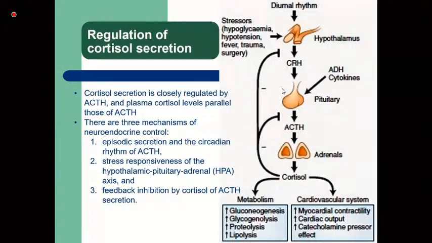It also stimulates erythropoietin synthesis in the kidney and increases RBC production. And we know the increase in cortisol also has an immunosuppressive effect.